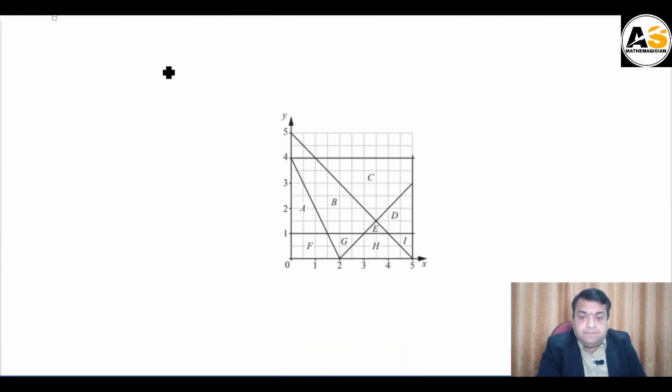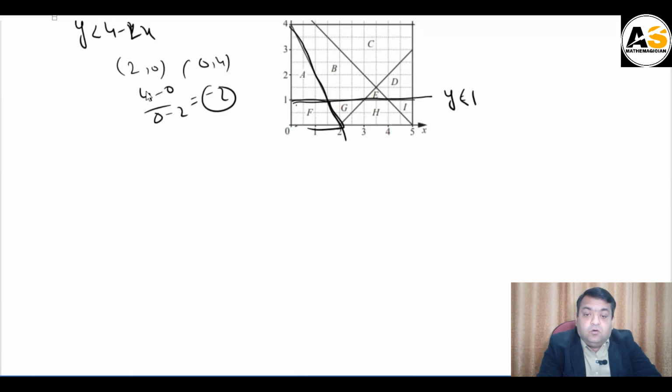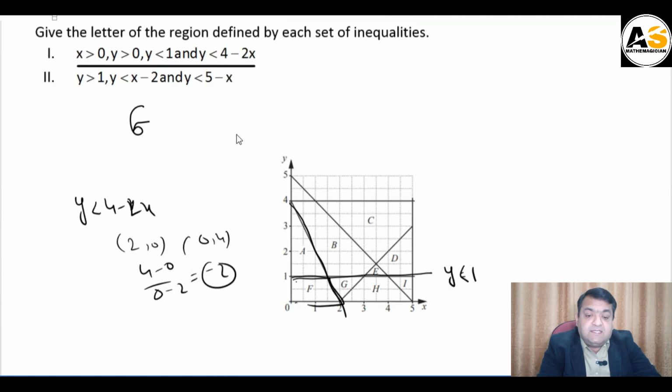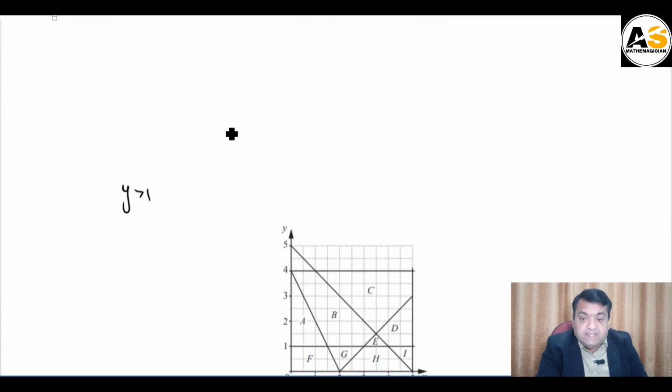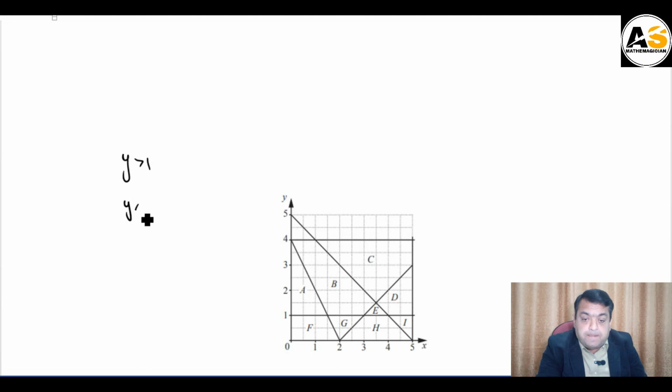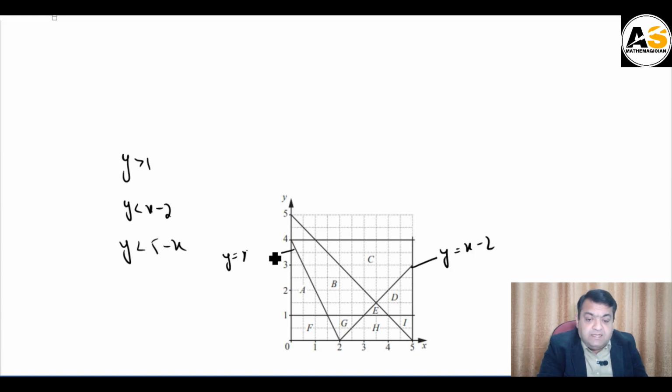Y is greater than 1 is the first inequality. Second inequality is y is less than x minus 2 and y is less than 5 minus x. Dear student, this is basically the line y is equal to x minus 2, positive gradient, and this is y is equal to 5 minus x.